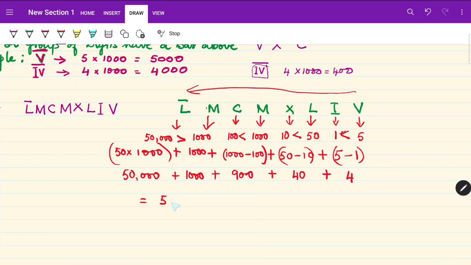So 51,944 is the decimal equivalent of L bar MCMXLIV. All right. So this is how you go about using all three systems: the addition system, subtraction system, and the multiplication system that are supported by the Roman number system. All right.